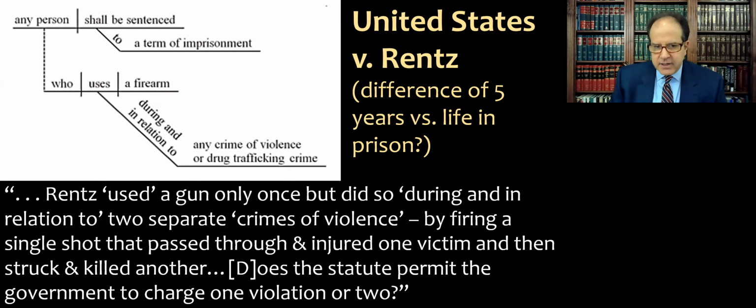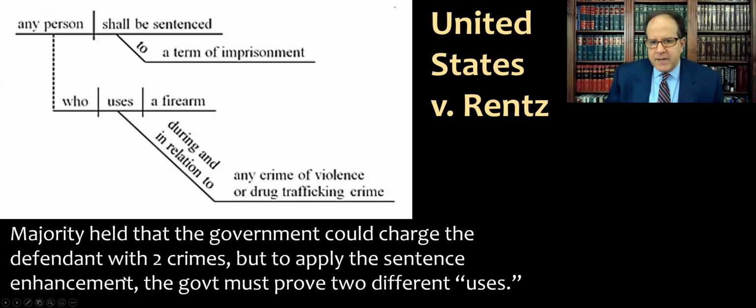Does the statute permit the government to charge one violation or two? He ended up arguing that the government could not charge a defendant with two crimes, one crime of violence for each victim, even though it was only one shot from the rifle, one round discharged. For purposes of 924(c), he says that the phrase "during any crime of violence" applies to uses, not crimes.